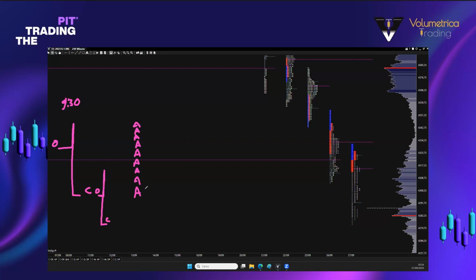Here we will have, of course, the B letter being printed right here. It would overlap the previous A letter because, of course, the opening price of the second half an hour of the cash session would trade exactly the same levels which have already been traded by the first half an hour. So letters would overlap here.